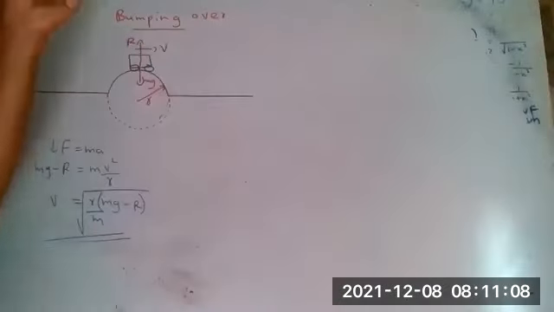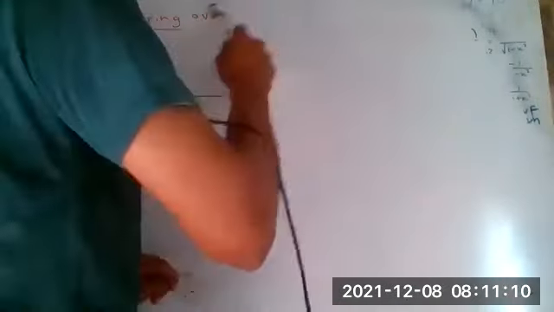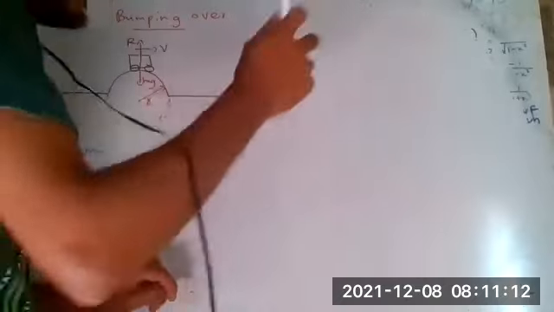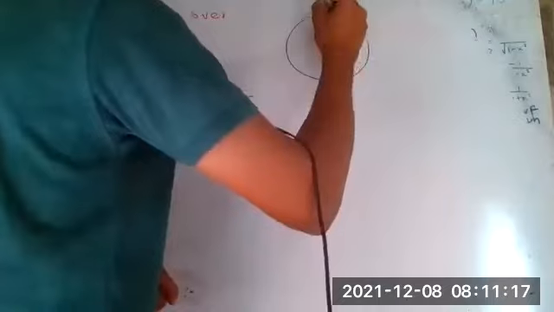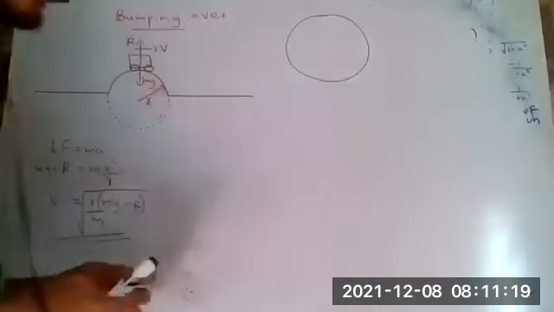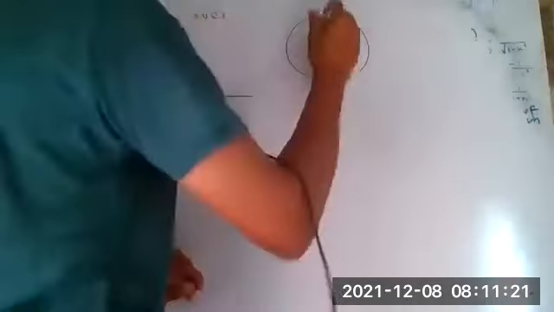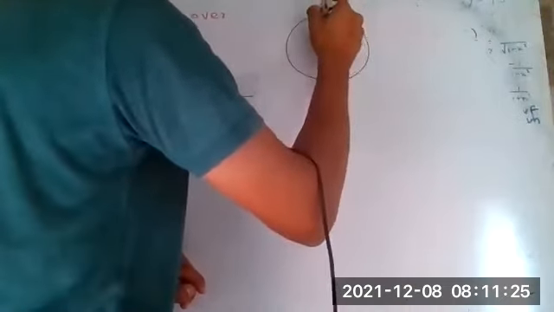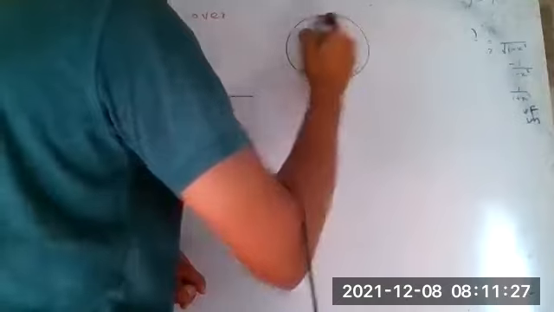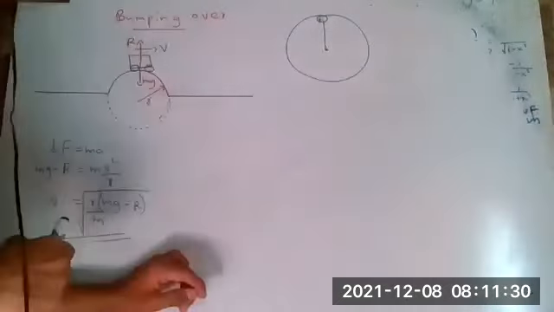Now let's consider this one. Here is the circle. At the highest point, consider the case where the object is passing through the highest point.